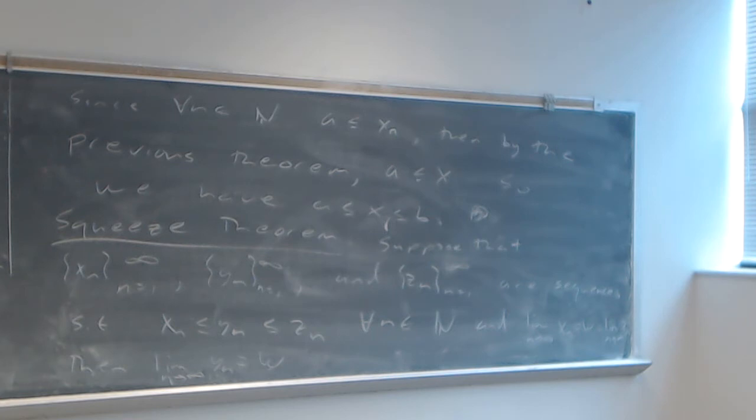What we're proving is the following. You've got three sequences: smallest, middle, biggest. You're assuming that the smallest and the biggest ones converge, and they converge to the same thing. They're going to force the middle to converge to that same thing.